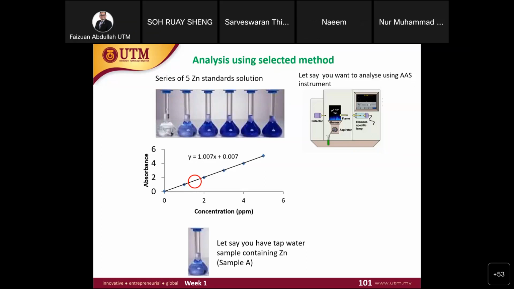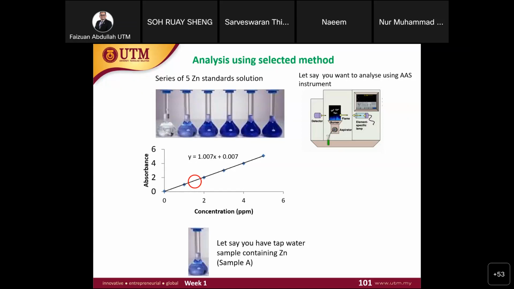Okay, now let me tell you. As I said, we invent an instrument that can tell us the concentration based on the spectrum. So now the instrument can only detect how much light or wavelength is absorbed by the sample that has been supplied by the instrument.